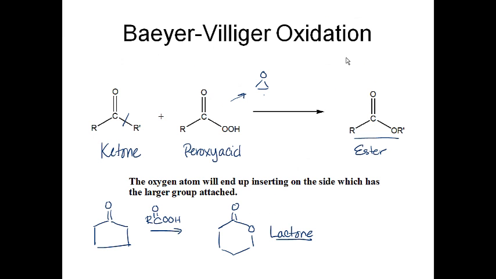And then Baeyer Villiger oxidation, where I react a ketone with peroxy acid and convert the ketone into an ester, where the oxygen adds to the larger alkyl group. It inserts an oxygen in between the carbonyl and the larger alkyl group.